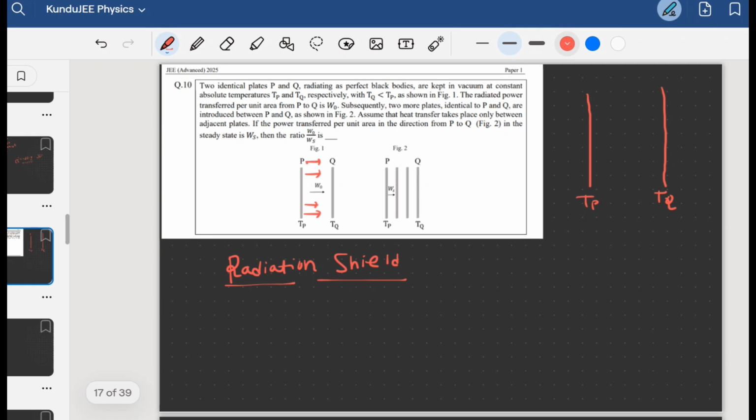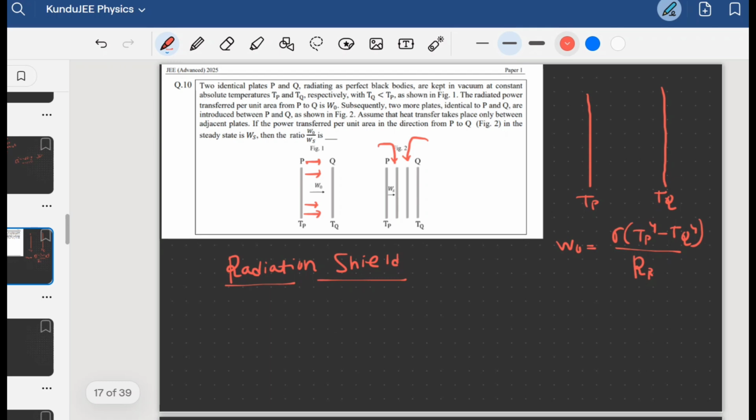So the net radiational heat transfer W naught will be sigma of Tp to the power 4 minus Tq to the power 4 by R, where we consider some radiational resistance R suffix R. So whenever I am introducing two more plates, I am just adding the resistance or increasing the resistance.